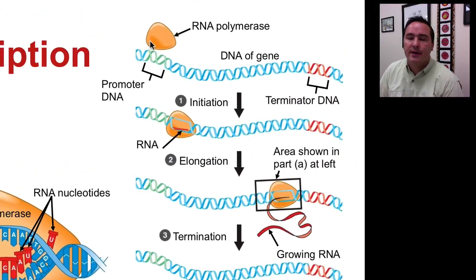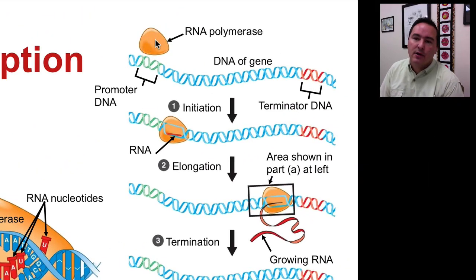So the way that it does this is the RNA polymerase sits down just upstream of where the gene is. So this is before what we call the start codon, and even a few nucleotides before that, upstream, the RNA polymerase sits down on an area of the DNA called the promoter site.